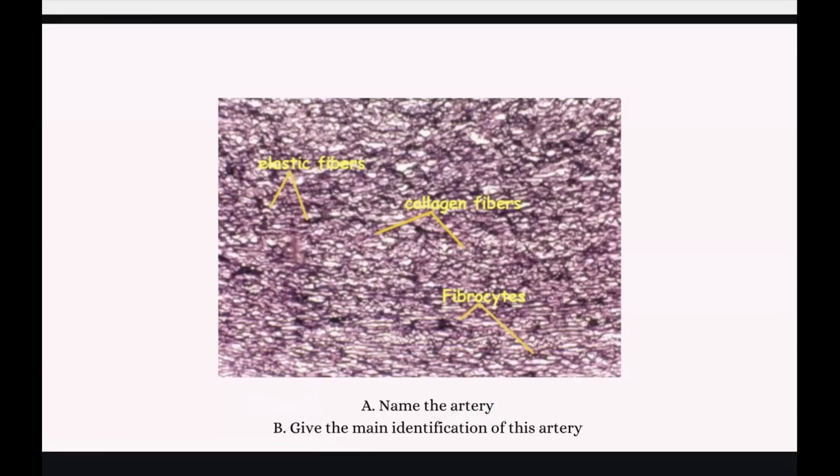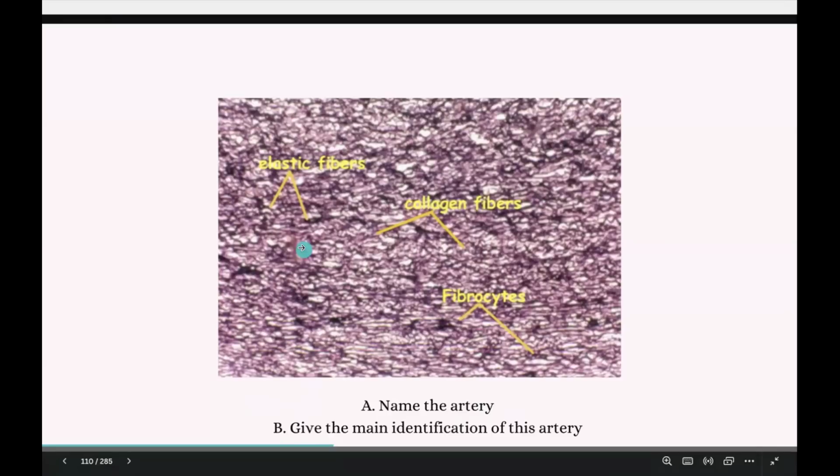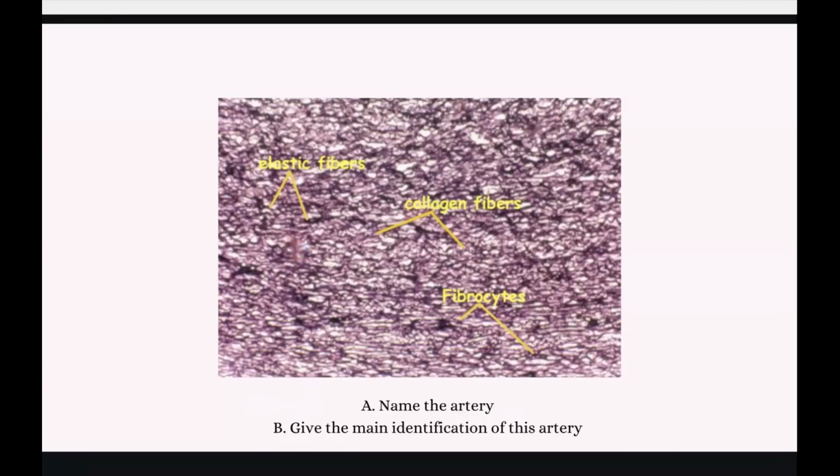You have elastic fibers. What else can you say about it, in an elastic artery in general? You have a lot of elastic lamina. Is it external or internal? External. Remember, elastic for external. So the external would be in the tunica media. Very good.